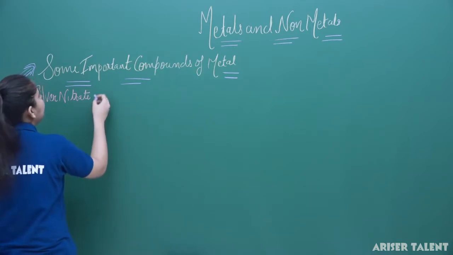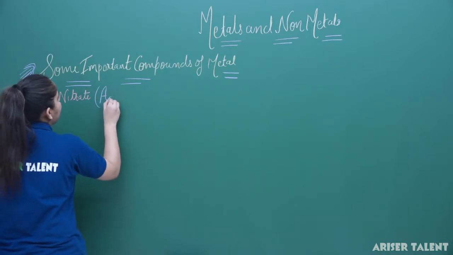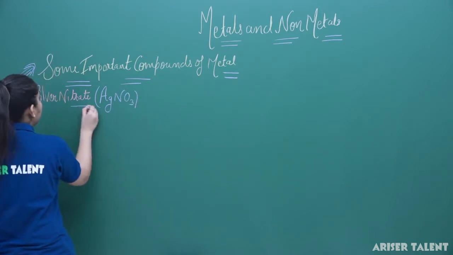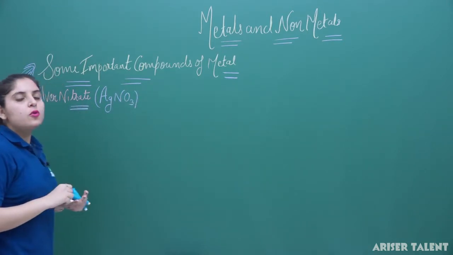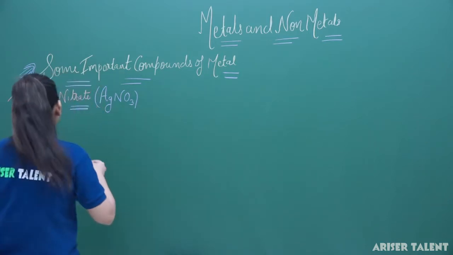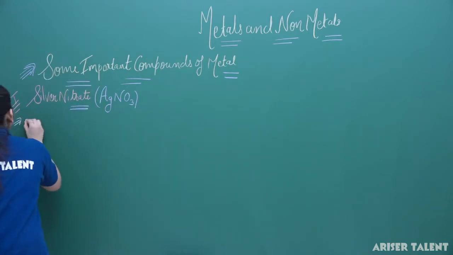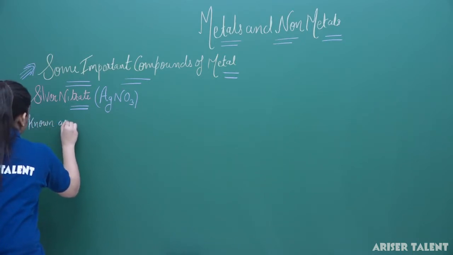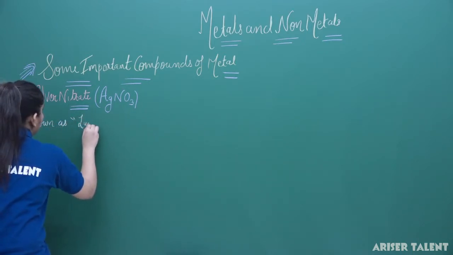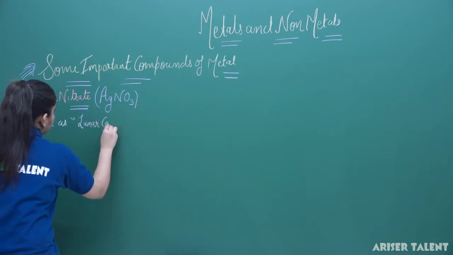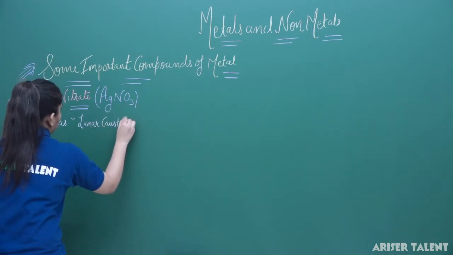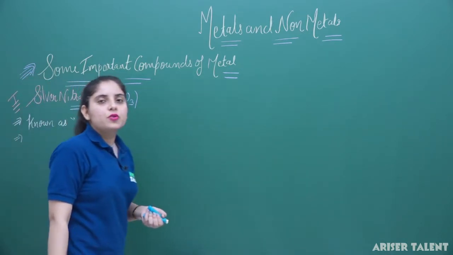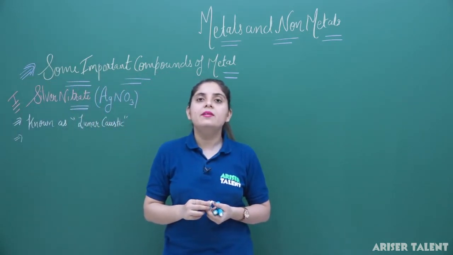This silver nitrate has the chemical formula AgNO3, and this compound is also known as lunar caustic. The second property is that this compound is a white colored, transparent, crystalline substance.